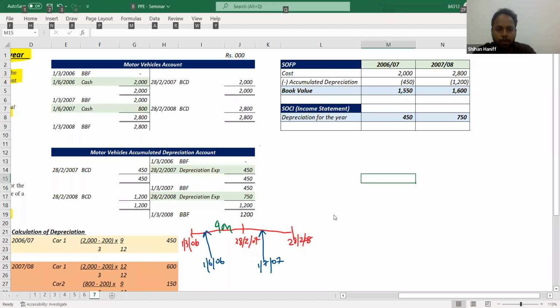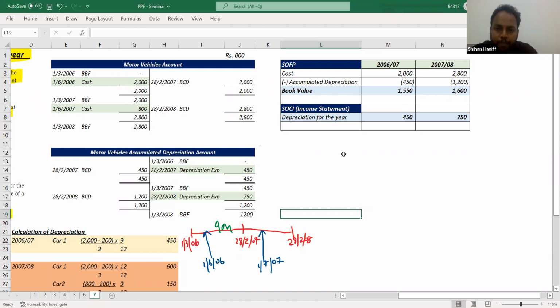Now let's move on to the next part. Is it clear for everyone? Preparation of ledger accounts and accumulated depreciation.